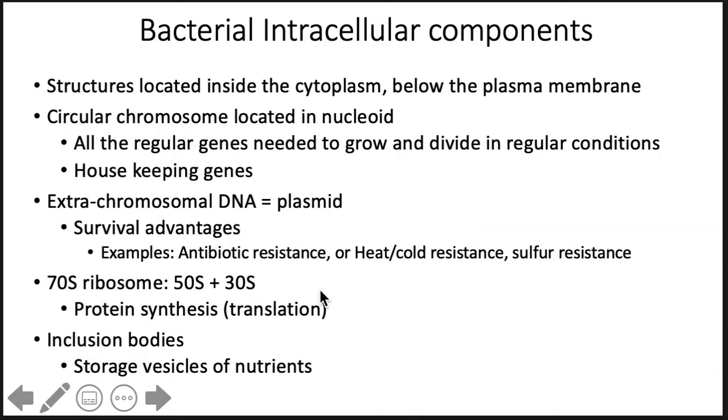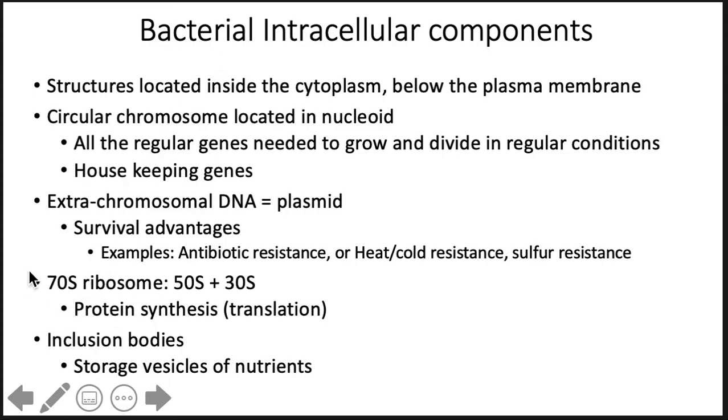Okay, and other bacterial components, remember we talked about the circular chromosome of DNA kept in a region called the nucleoid. This contains all the regular genes for living, so we call these housekeeping genes. If it has a plasmid, it's a small extra chromosomal piece of DNA for special advantages like antibiotic resistance.